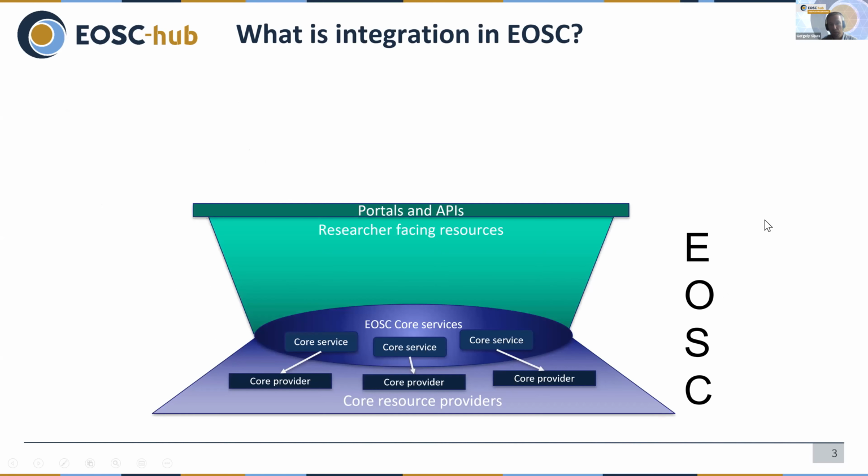Let me start with a big picture overview of what integration really means in EOSC. As we know, EOSC is a very rapidly changing and expanding landscape with various services operated by different stakeholders from both academia and industry. But roughly speaking, the European Open Science Cloud consists of a core layer, which is delivered by core service providers who operate the fundamental structure of EOSC, on which researcher-facing services can be hooked into or integrated into.